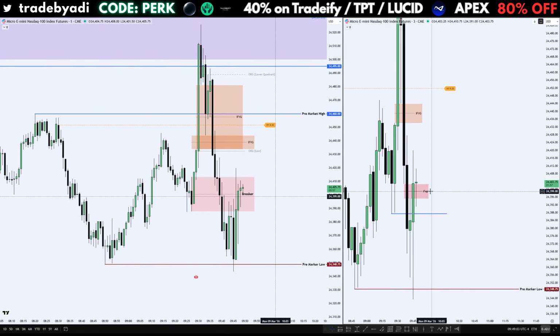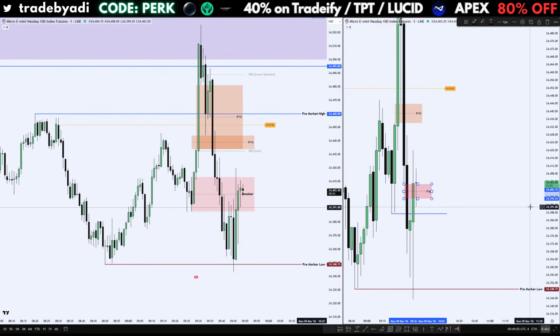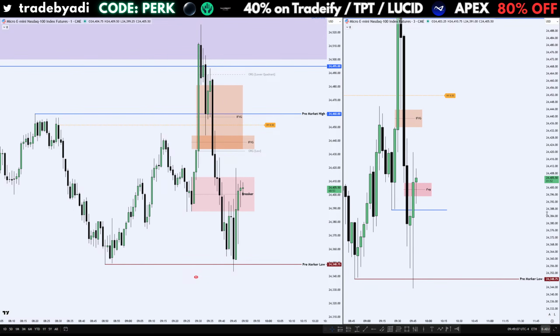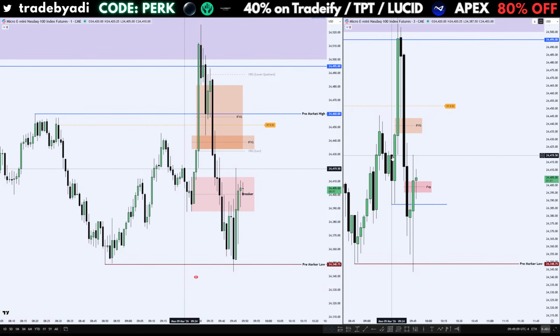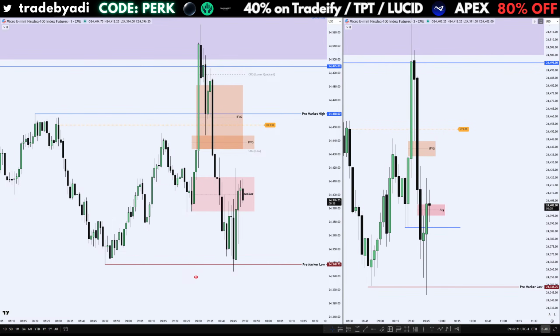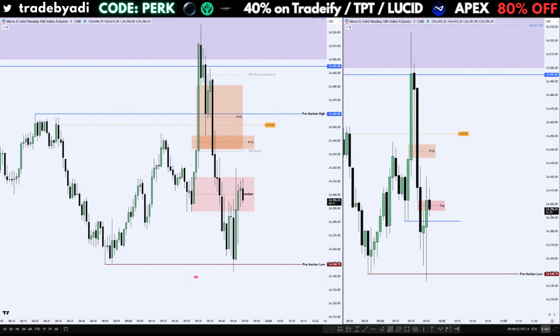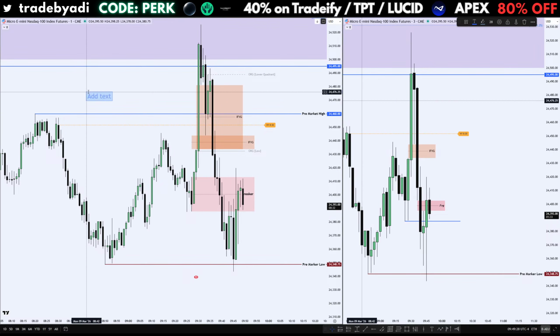If you see, we almost flipped this gap. Just checking because we are inside this breaker also. So I want to see how the price action is going to react. If this breaker is not going to hold, then it is GG for the day, and also we have taken one trade and it is in profit.